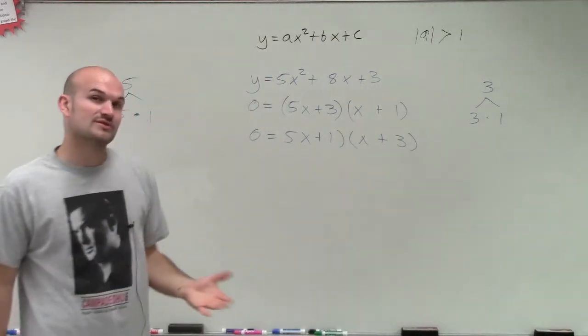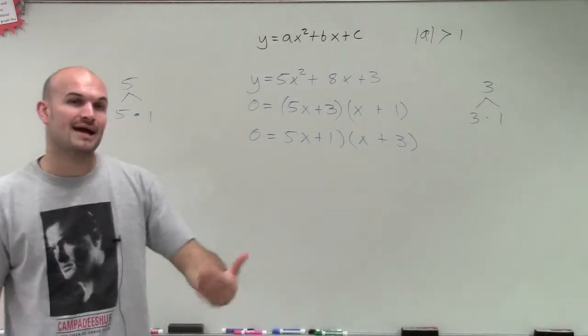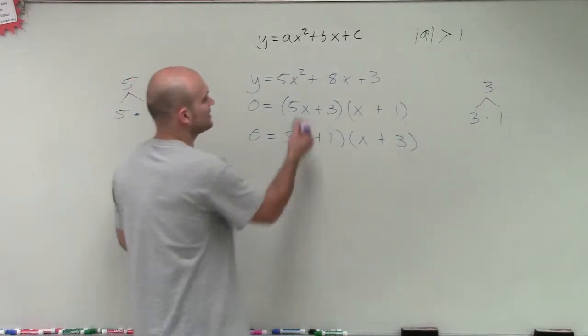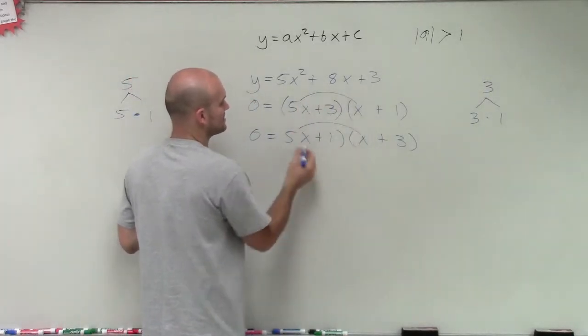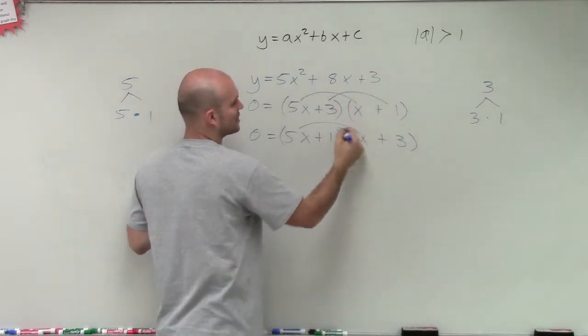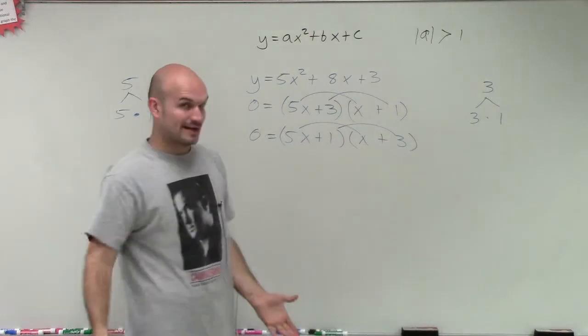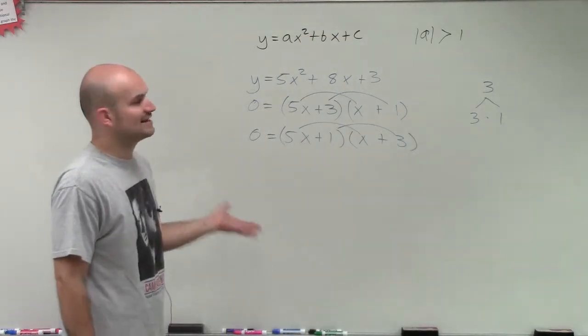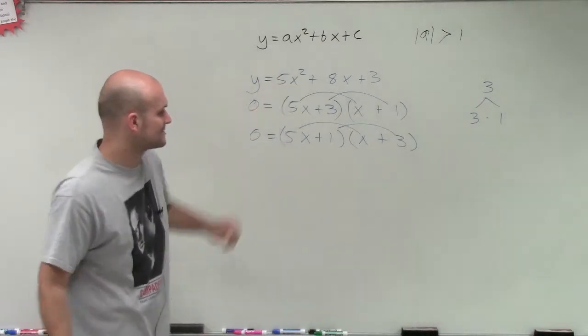Then I'm going to do a little bit of FOIL in my head to determine which one of these gives me my value of 8. Notice, both of these first terms give us 5x squared, and both of my second terms give us 3. So now we just need to determine which one of these values is going to give me a middle term of 8x.